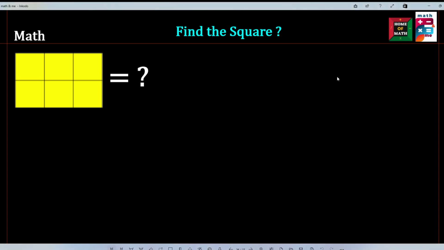By this video we are going to find out the number of squares from an n by m format rectangle. It's a very easy theory.